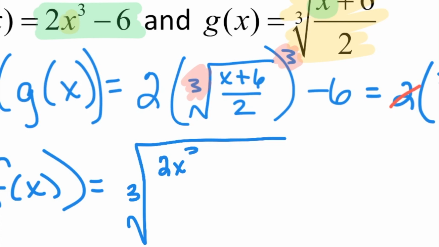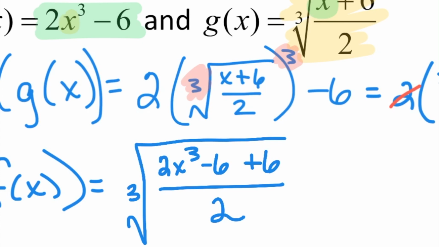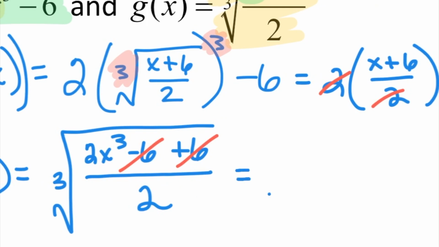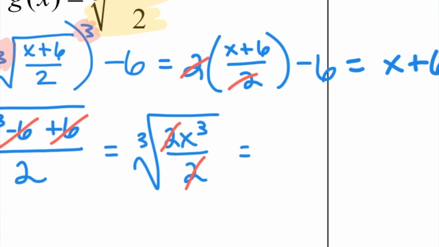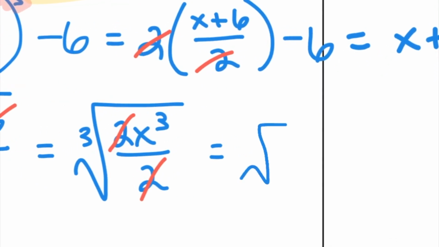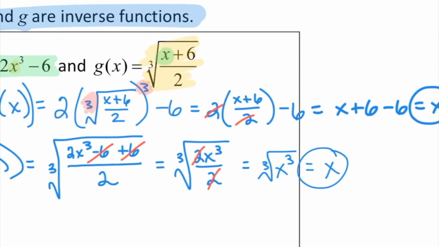Take that 2x cubed minus 6, put it where the x is, and then plus 6 over 2. And now plus 6 and minus 6, well, yeah, those cancel. And so now I have big cube root 2x cubed over 2. Well, now the 2's cancel. And now I literally just have the cube root of x cubed. The cube root of something cubed is just that something, and so that whole thing equals x.